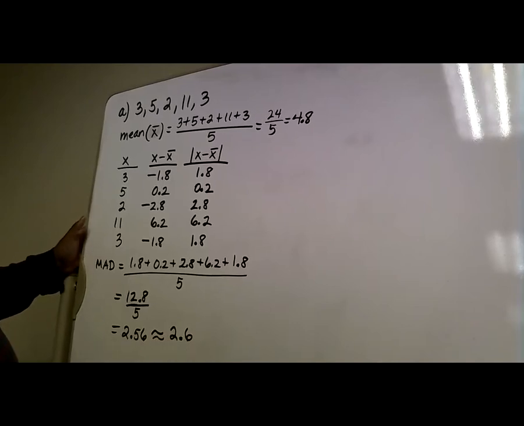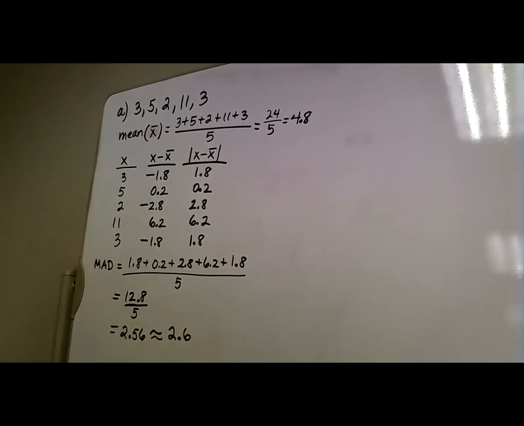Because the data set is whole numbers, we need to round to 1 additional decimal place, so one number after the decimal point. So it'd be 2.6 approximately.